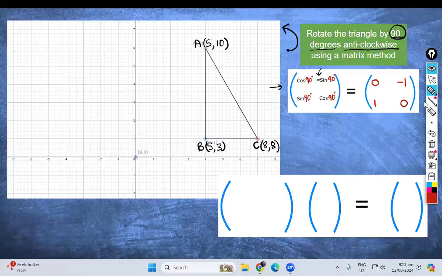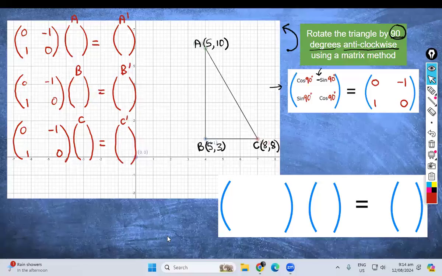How many people got the correct matrix at least? 0, minus 1, 1, 0. Great. Take it from there. So we're going to take point A. Now, right now, point A is what? 5, 10, right? The X comes first, the Y comes second.